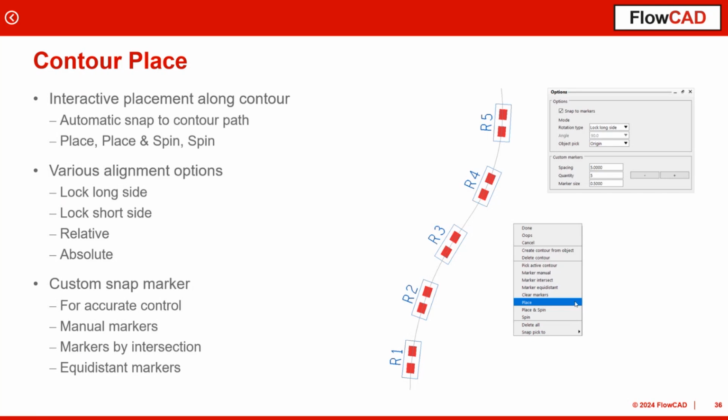So you have an arbitrary path and you would like to place the components on this contour and align them accordingly by locking the short side or by locking the long side. You may even want to create those snap markers interactively. Contour placement is an application which is useful, as the name already implies, for contour related placement.